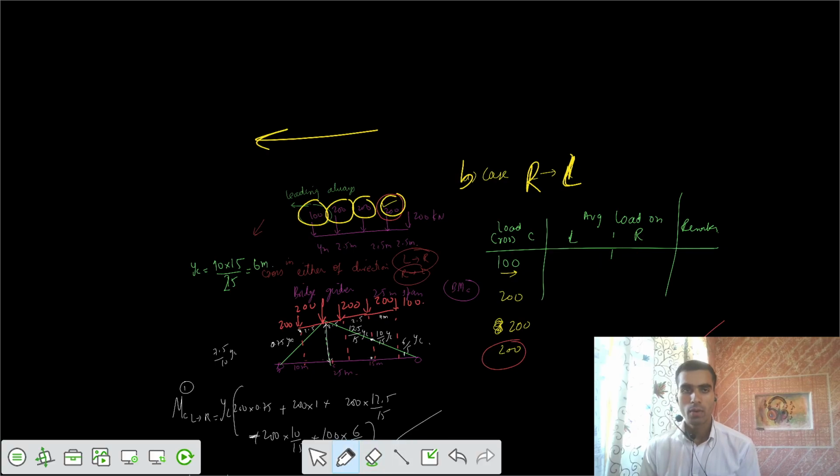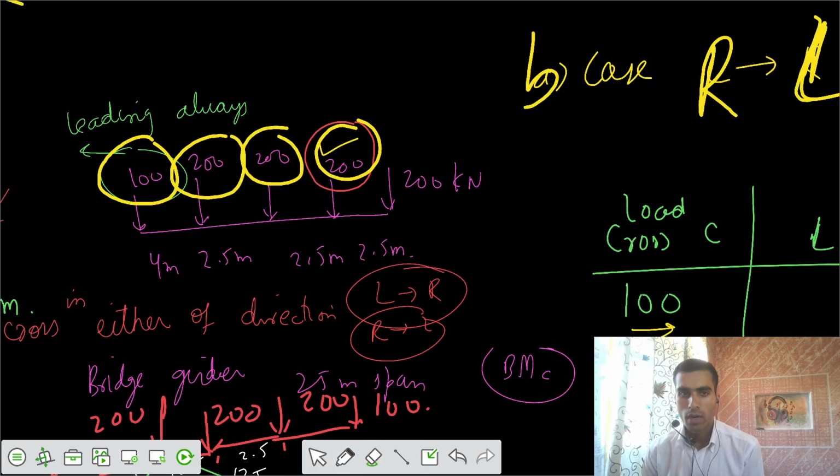Initially there was no load on the left side of the section. All the loads were on the right side. Now once one of the loads, that's the leading load 100, gets transferred to the left side, I would write that now.